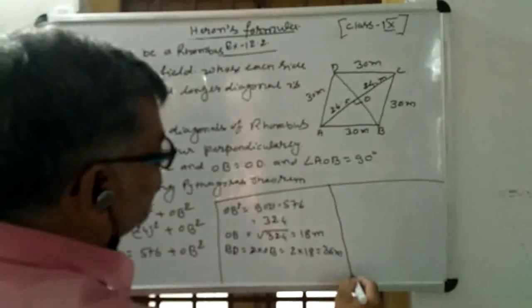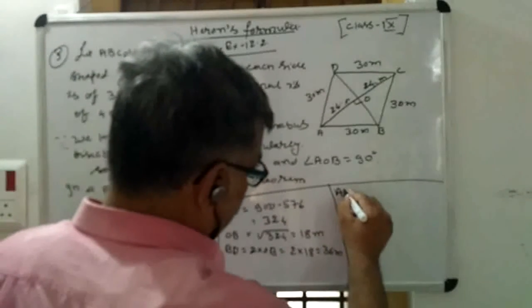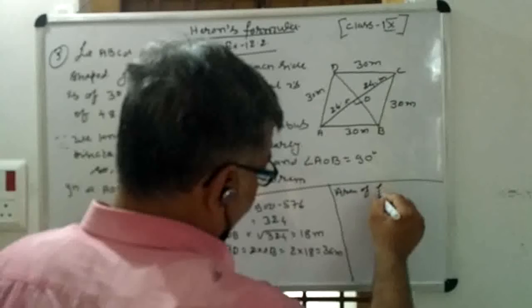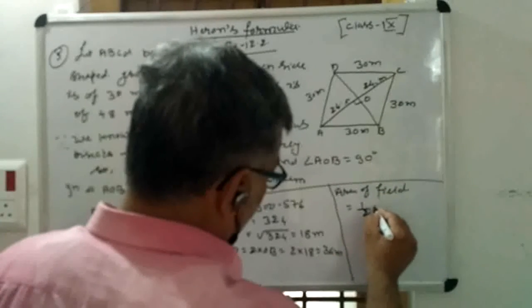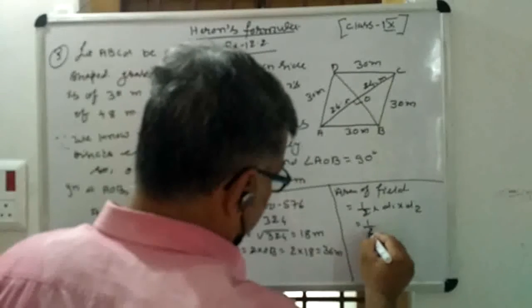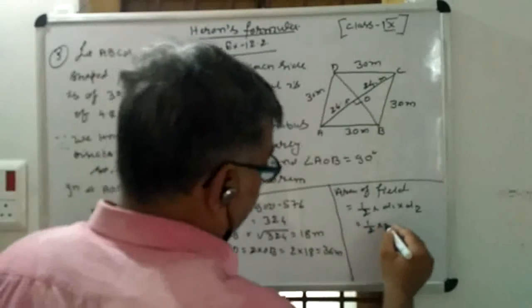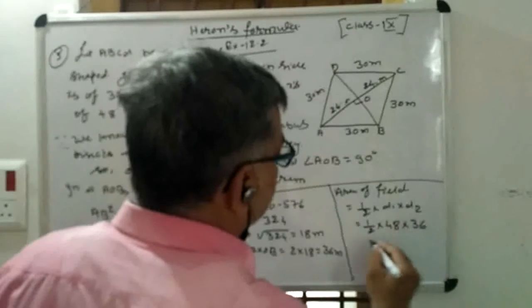Now we need to calculate the area of the field. Area of the field will be half into D1 into D2, which is the formula for the area of a rhombus. D1 was 48 and D2 becomes 36.